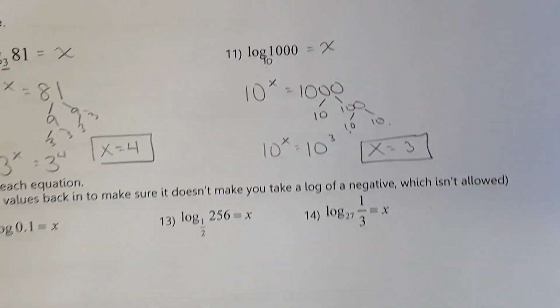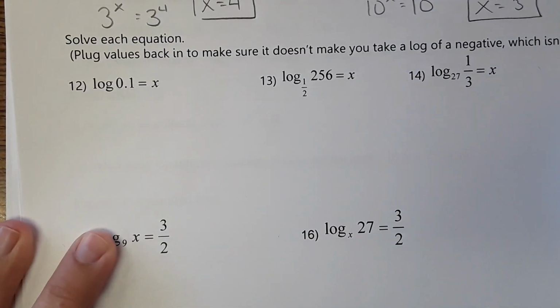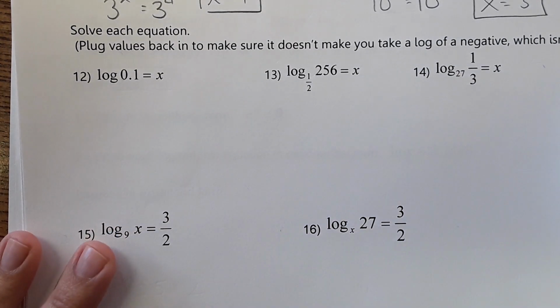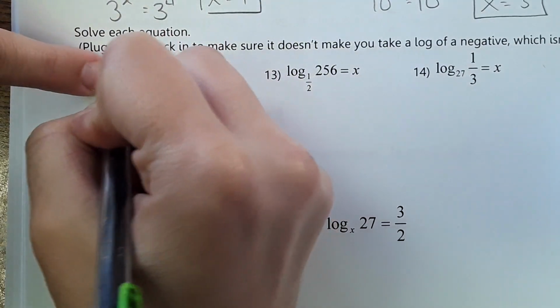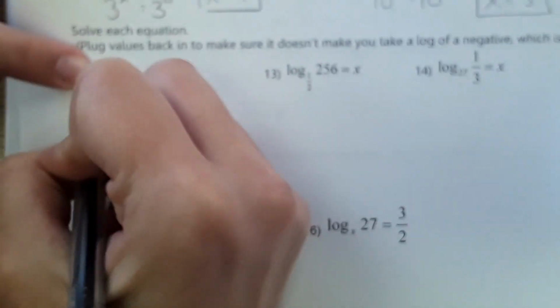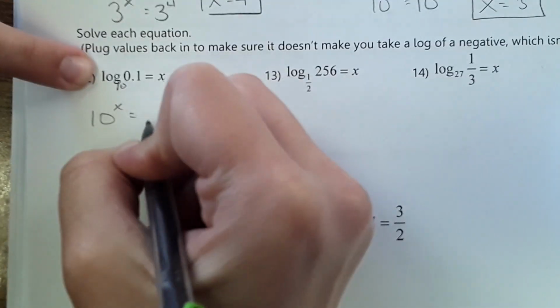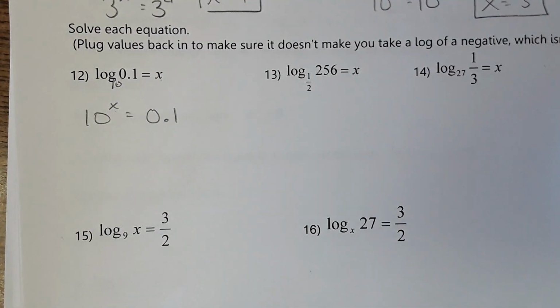Okay, next. Okay, solve each equation. Okay, so now we have more logs. What we're going to do here, it doesn't say what the base is, so that means the base is 10. 10 raised to the x power, base is the base, exponent at the end, equals 0.1. We have to figure out what the exponent is.